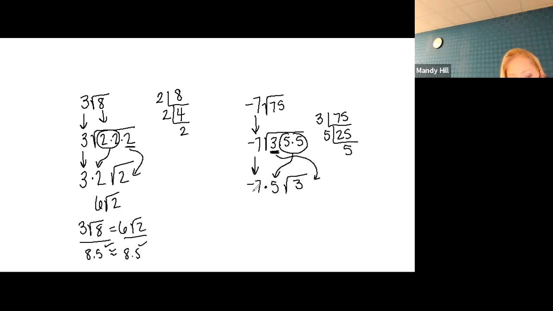And so I'm going to say negative 7 times 5, which is going to get me negative 35 times the square root of 3. So negative 7 square root of 75 is equal to negative 35 times the square root of 3 when we simplify.